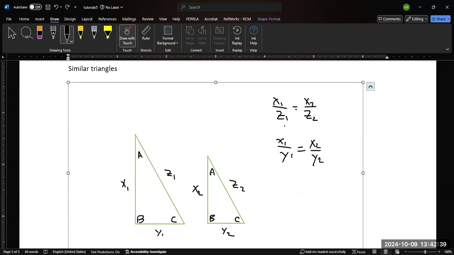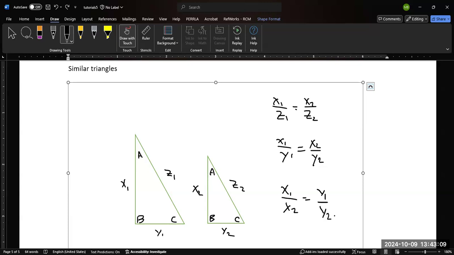Same thing for Y related to Z. All of these ratios are going to be consistent. And if we rearrange these, we can also get information about the ratios between the triangles. X1 over X2 is going to have the same ratio as Y1 over Y2.